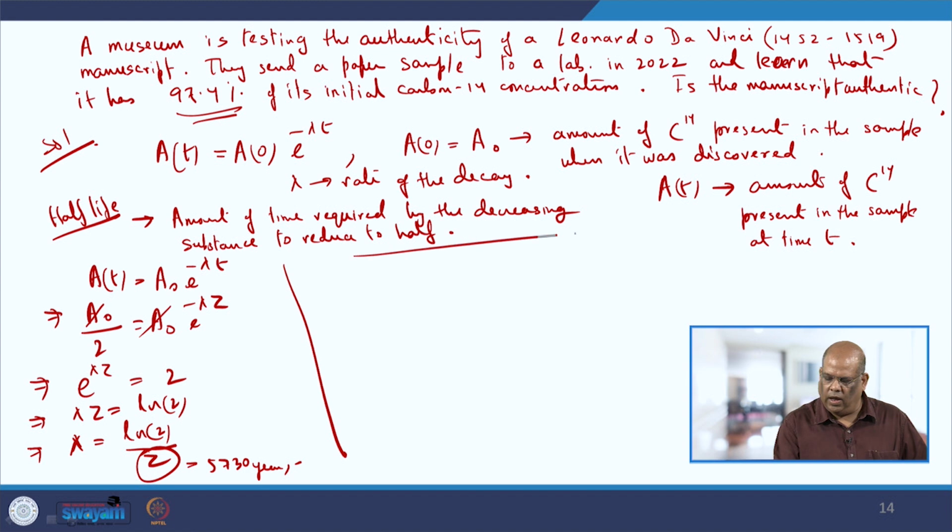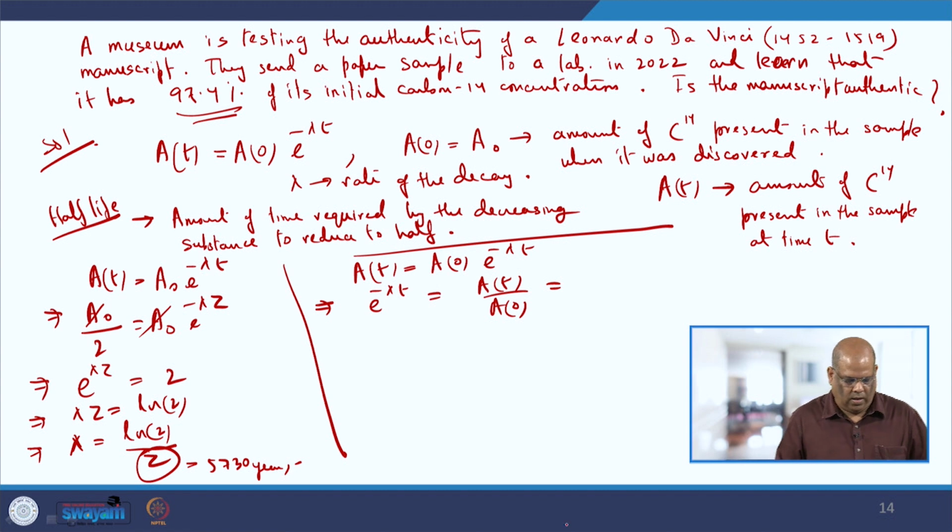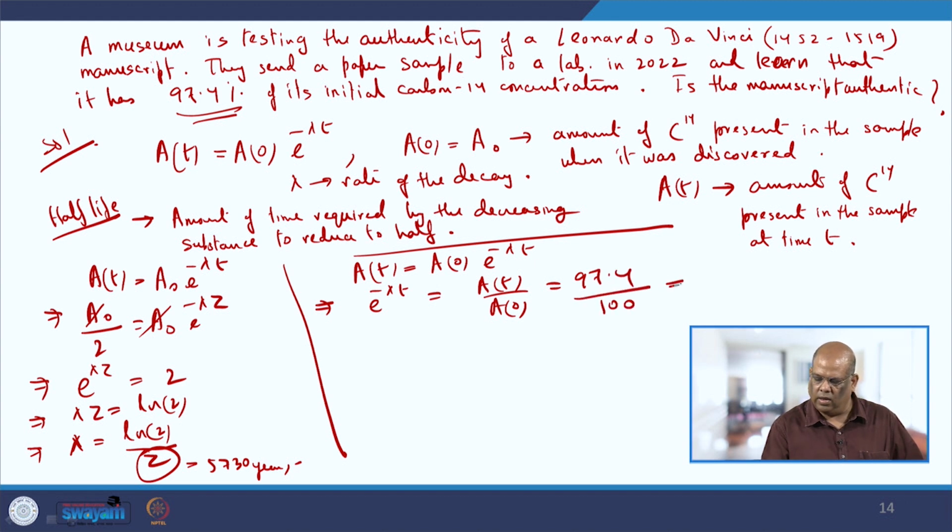Now, from the governing equation, we have A(t) equal to A0 e to the power minus lambda t. This will give e to the power minus lambda t is equal to A(t) by A0. And we get this value to be 97.4%. So, I divide by 100, and this will give me 0.974.